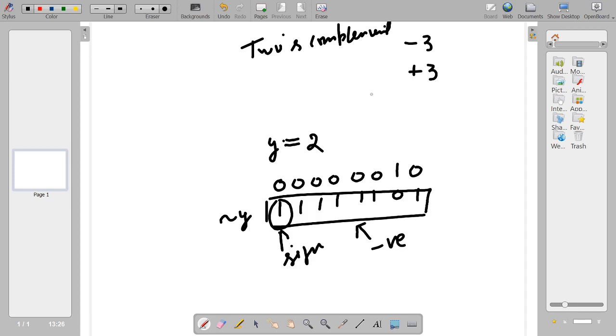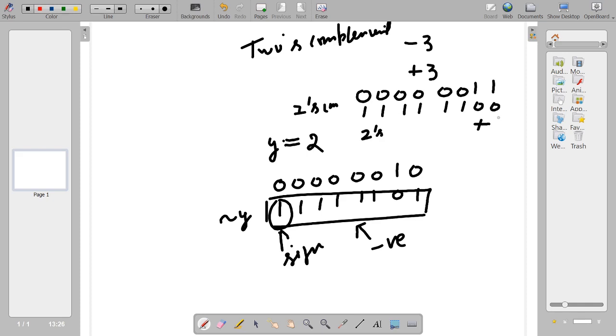Take plus 3, convert it into binary, 0 0 0 0 0 0 1 1, then take the 1's complement, 1 1 1 1 1 1 0 0, and then take the 2's complement by adding 1 to the 1's complement. So it is 1 1 1 1 1 1 0 1.